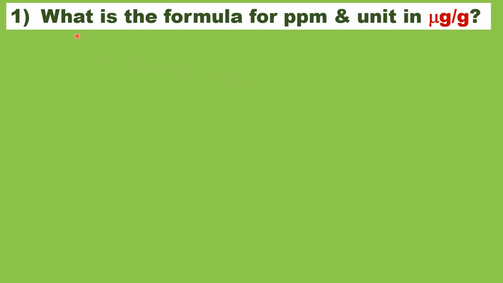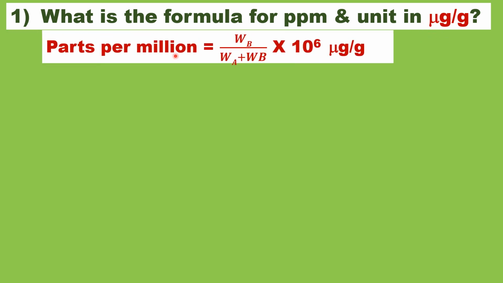What is the formula for ppm, parts per million, and its unit, expressed in microgram per gram? Parts per million is equal to WB by WA plus WB into 10 power 6 microgram per gram.